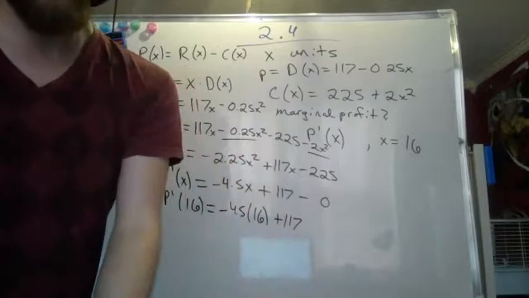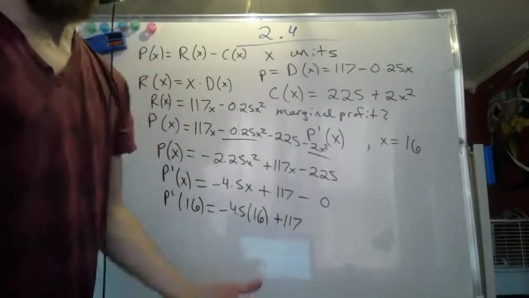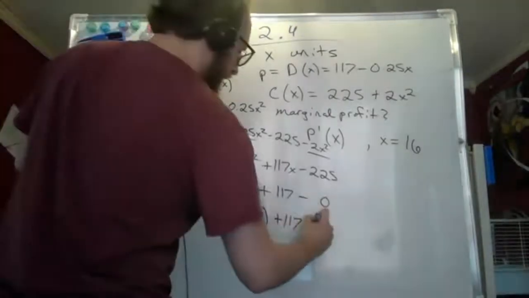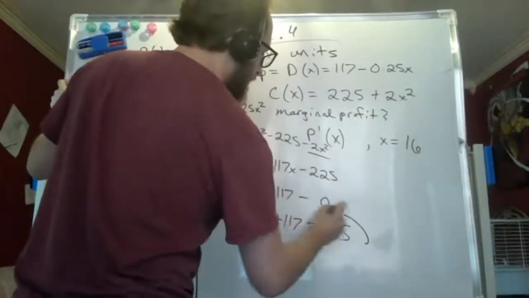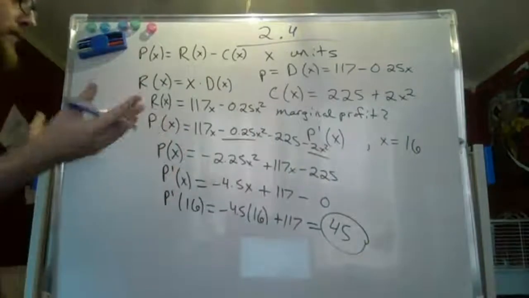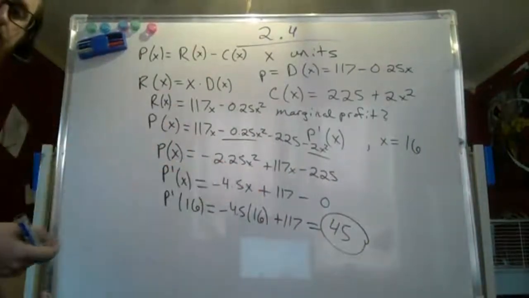And when we do that, I'll just go ahead and write it down. We get an answer of 45. And there you have it. That would be the answer to this question.